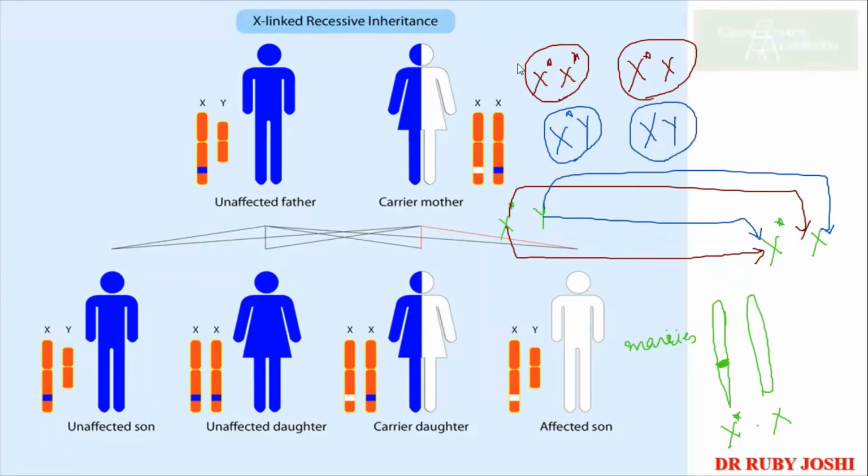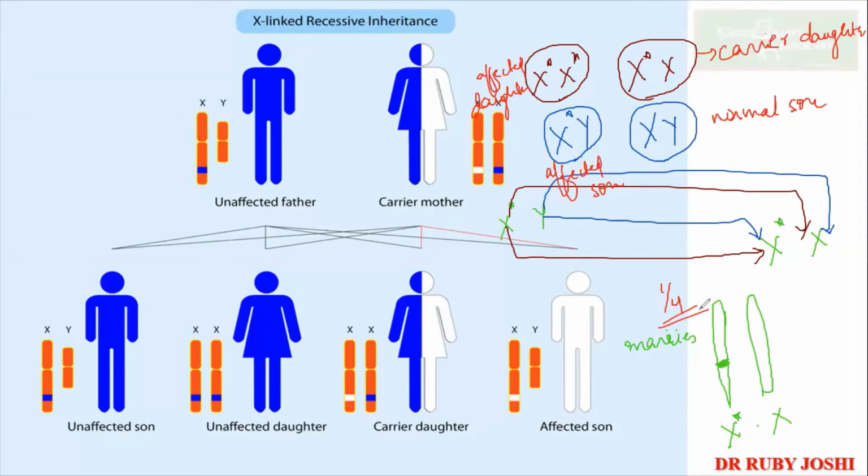Now I know this is a carrier daughter. This is normal son. This is affected son. This is affected daughter. Now all these are clear. So what is the probability? Everyone is having 1/4 of the probability.